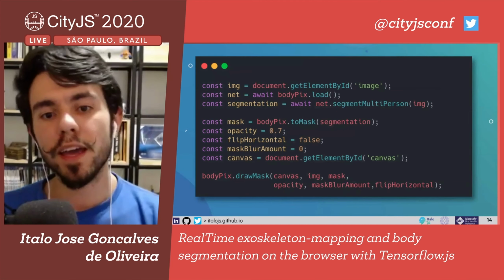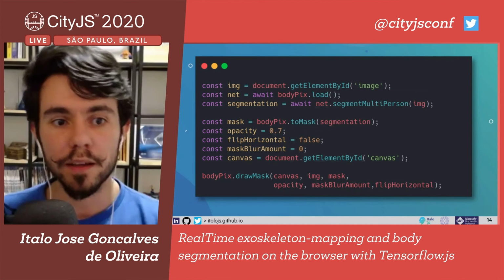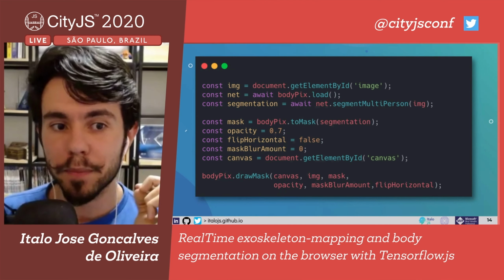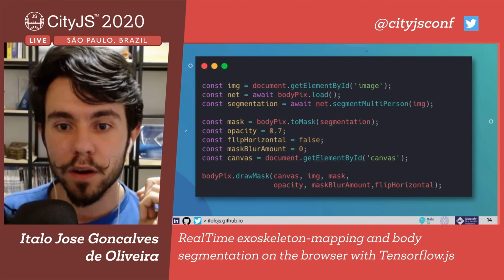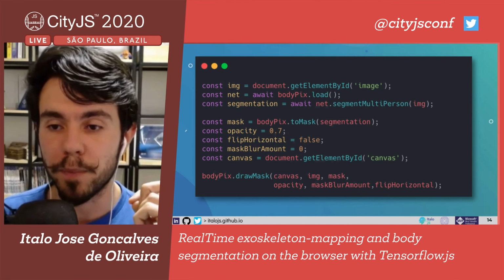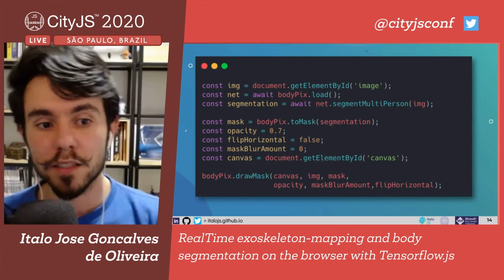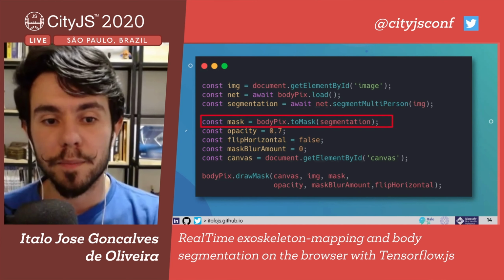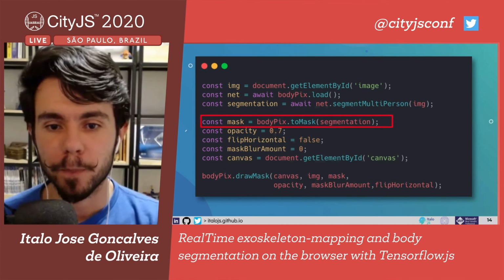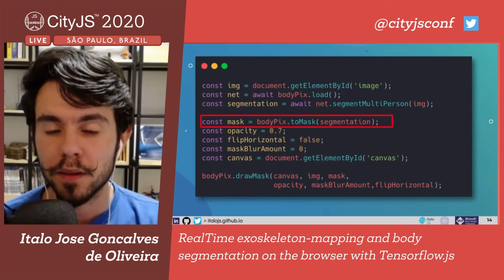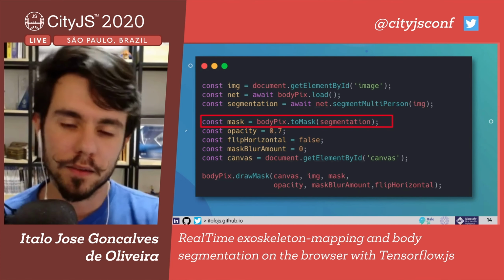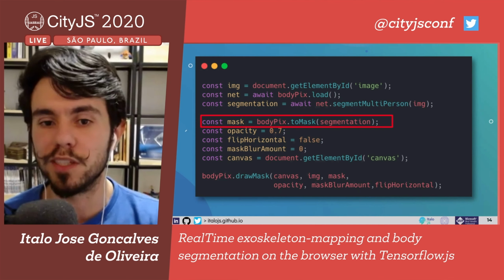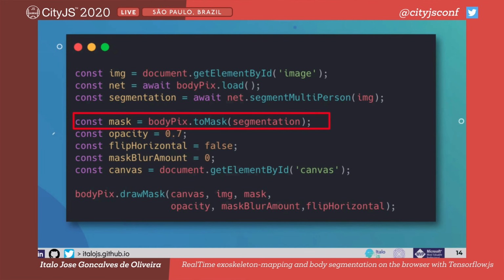And here we have another code where we load the image by element ID. We load our BodyPix, and we call the segment person method, passing an image. Then I just call the to mask method, passing my segmentation. This object is the same object that we saw in the previous slide, and it contains a mask.